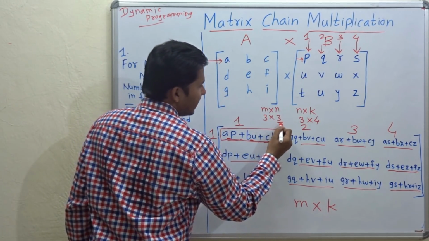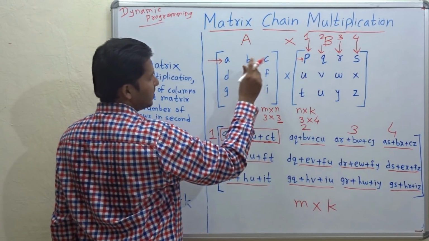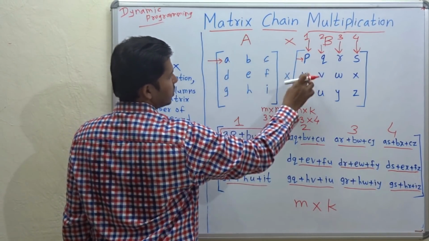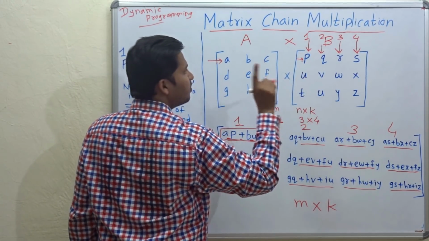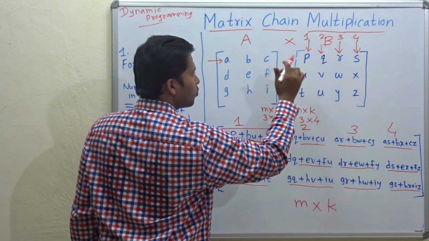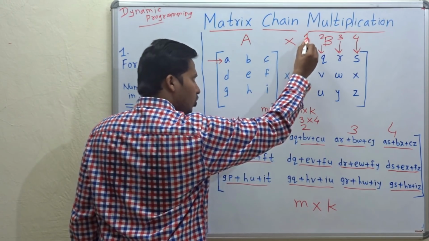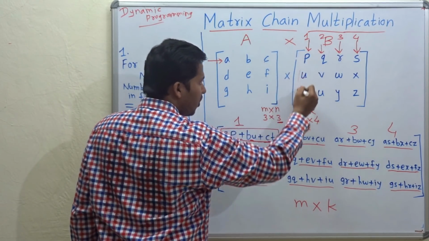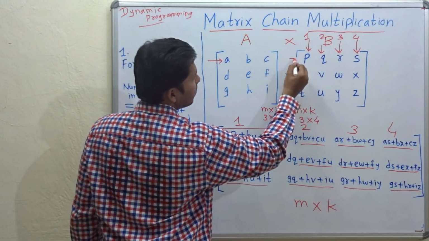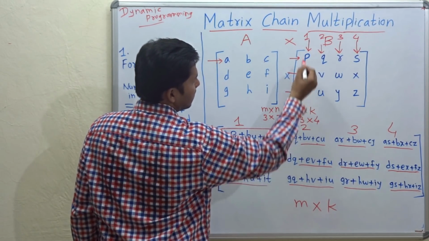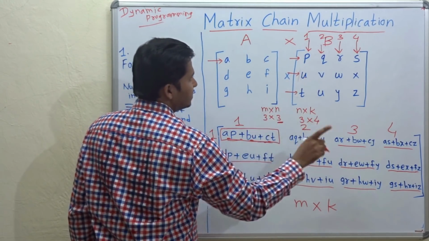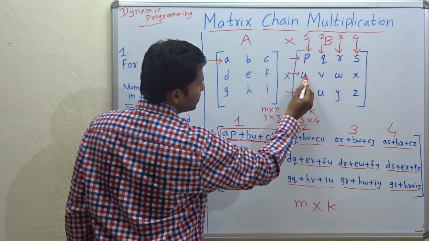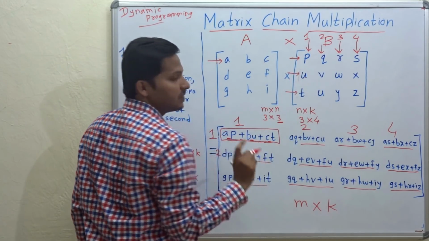So that is n, the number of columns in the first matrix, is equal to the number of elements in the first column, which means the number of rows. See, the number of elements in a column is equal to the number of rows. Here in this column there are 3 elements, that means there are 3 rows in this matrix.